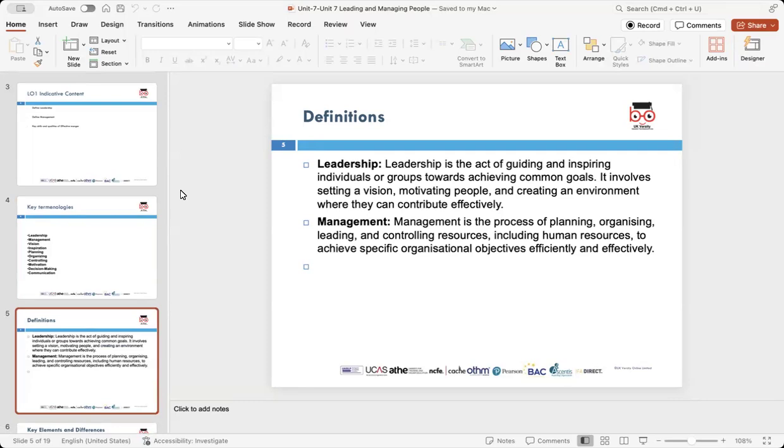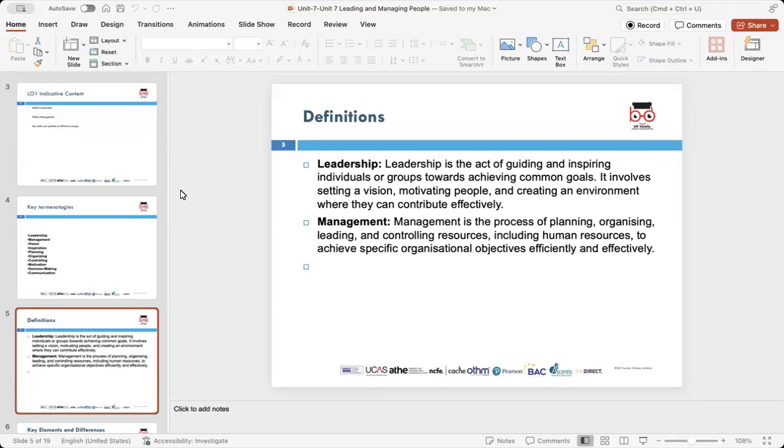So, leadership is about guiding and inspiring people to work toward a common goal. A leader sets a vision, motivates the team, and creates an environment where everyone feels valued and motivated to contribute.